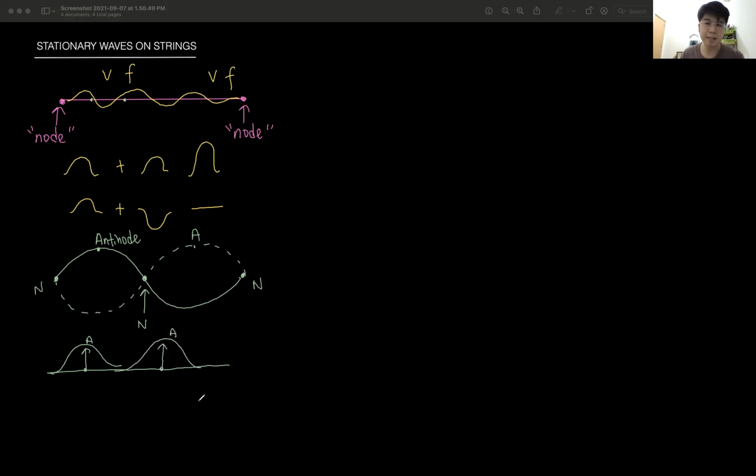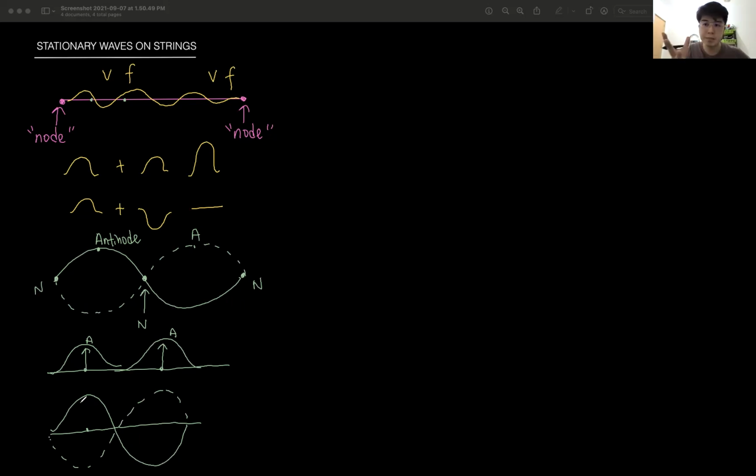So every single particle gets the chance to gain amplitude. But for stationary waves, only that specific particle gains the amplitude here. That means it does not travel. The amplitude is kept at a fixed position. So it is not traveling.